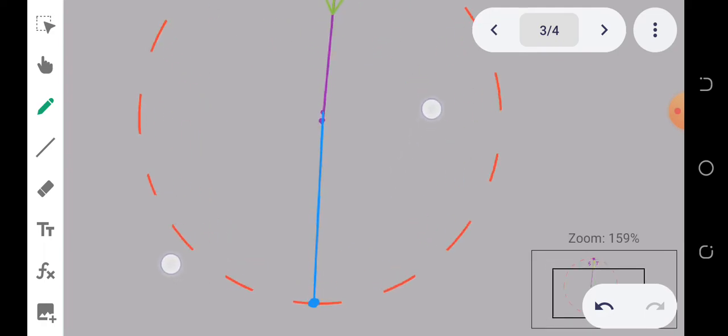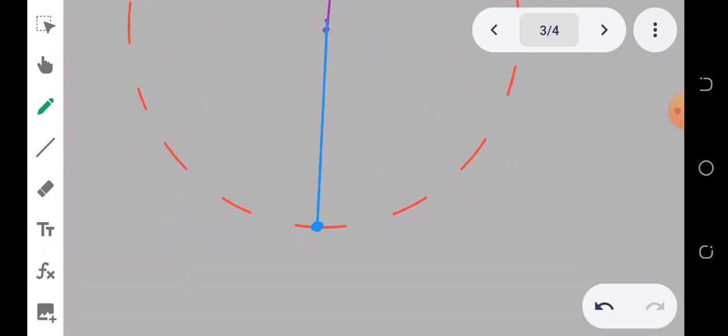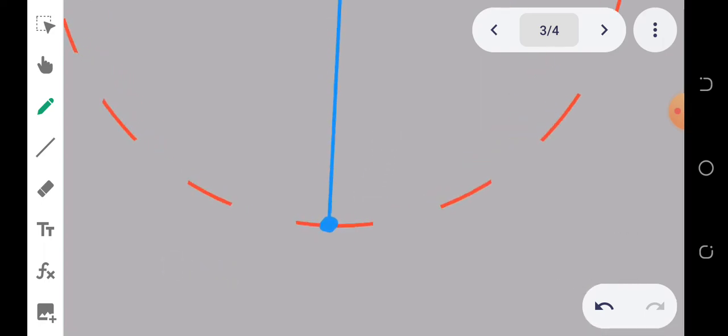When it is at the bottom, we have the gravitational force pointing downwards as usual. That's the force of gravity. But the tension force will now be upwards, because when it reaches the bottom, the ball has to revolve and keep going up, which means the acceleration is also upwards.